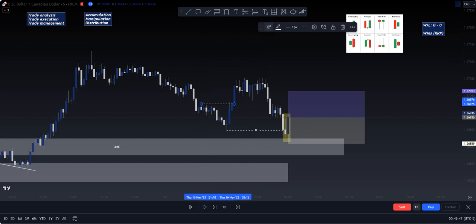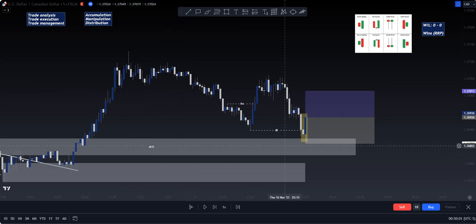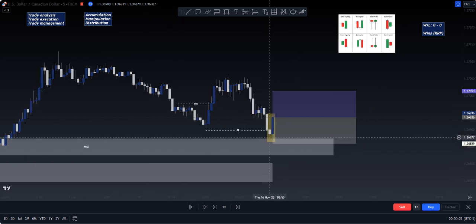Because this impulse broke structure, this tells me that this was an area where traders were getting into the market believing it was going up, because this impulse broke structure right before this zone here, and then it came down and cleared it.